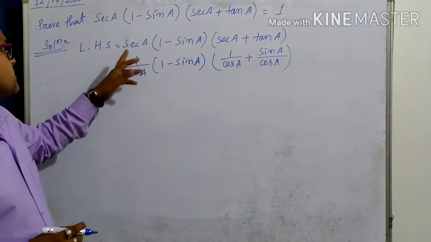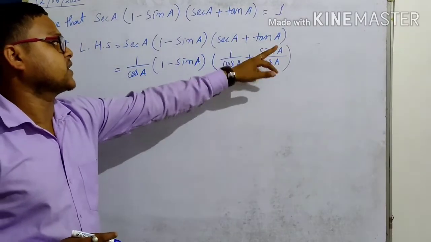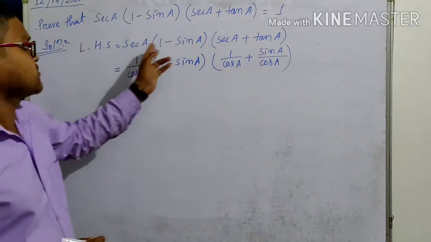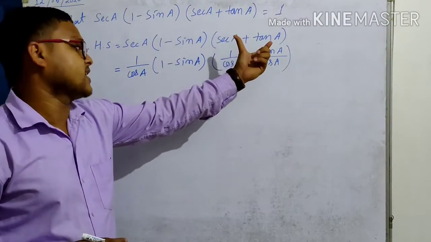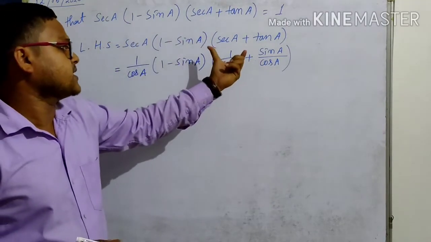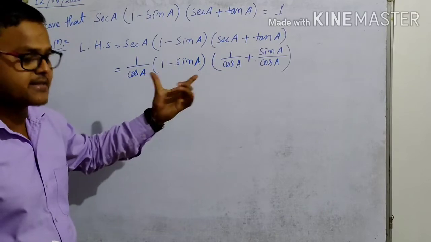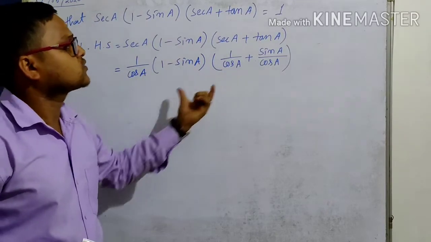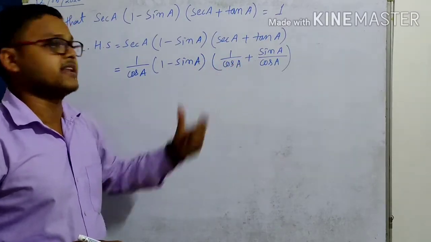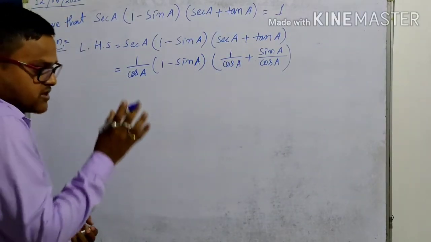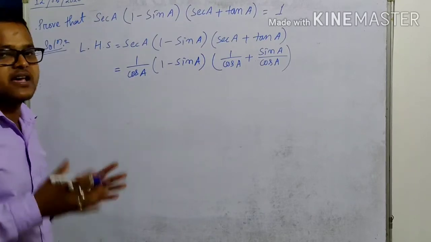Sec a is 1 by cos a, here also sec a is 1 by cos a, and tan a is equal to sin a by cos a. Here you see three types of ratios, so you can minimize the ratios to a smaller number. Now only two ratios are there, only sin and cos.